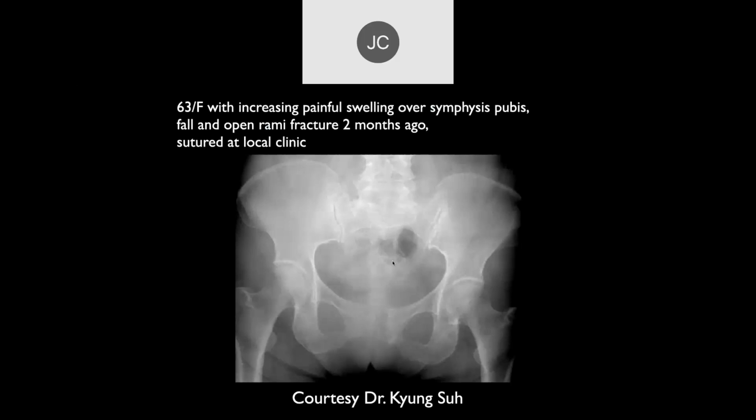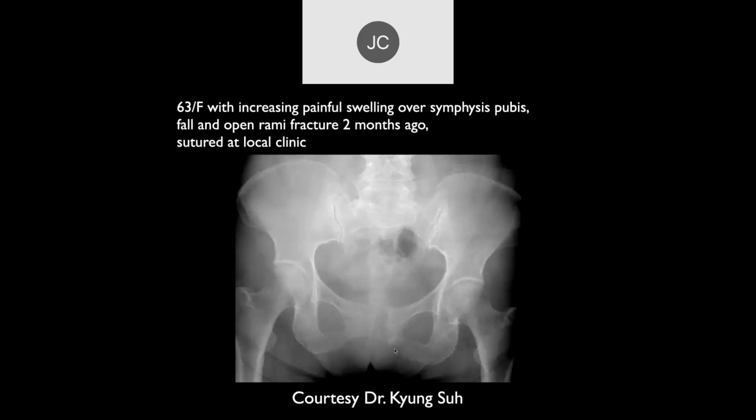63-year-old woman with increasing painful swelling over the symphysis pubis, fall, and open rami fractures 2 months ago. Suture at a local clinic. There's lucency in the left pubic bone adjacent to the pubic symphysis.